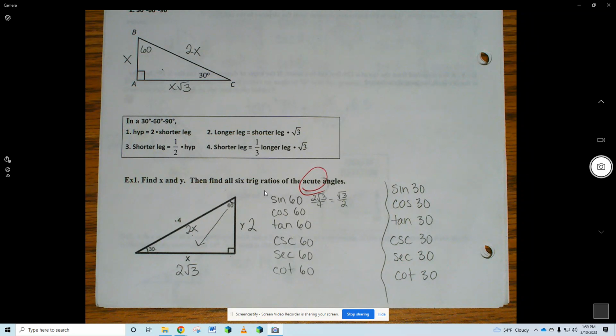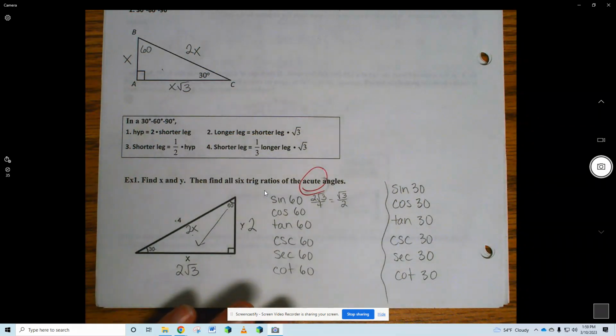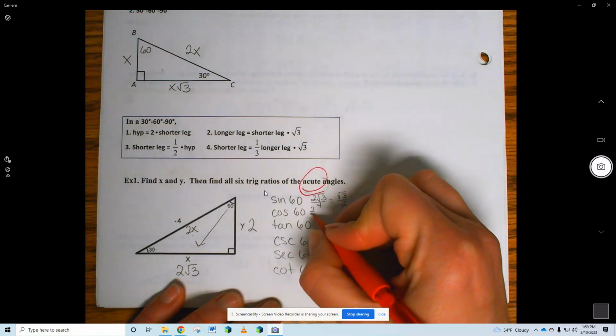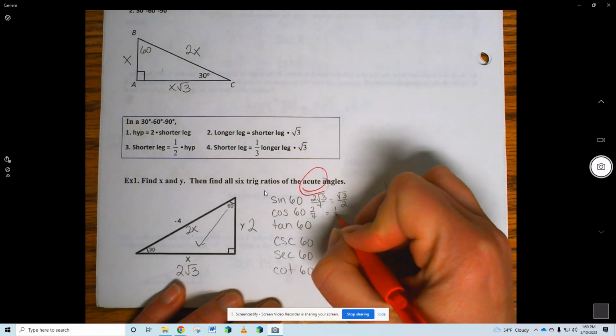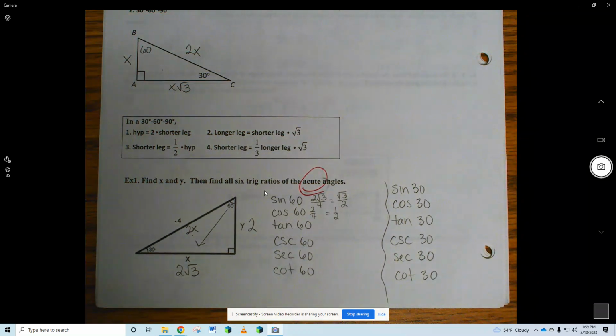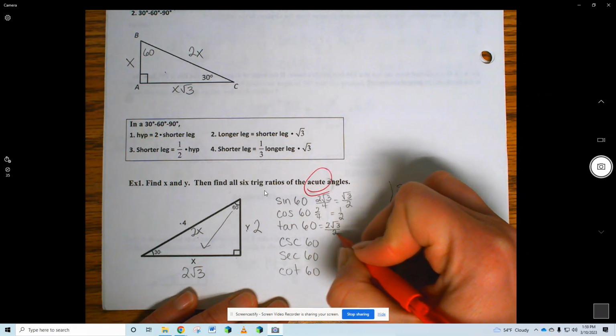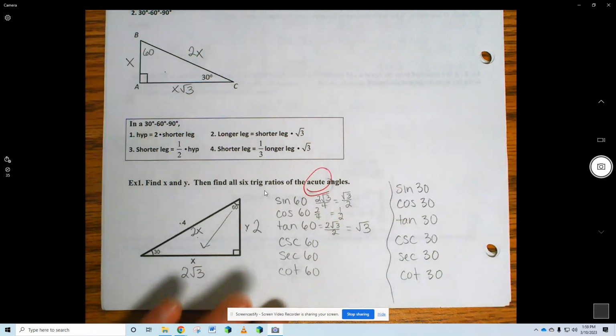You cannot reduce it. It stays. Cosine 60 is 2 over 4, 1/2. Tangent 60 is 2 rad 3 over 2, which is just rad 3.